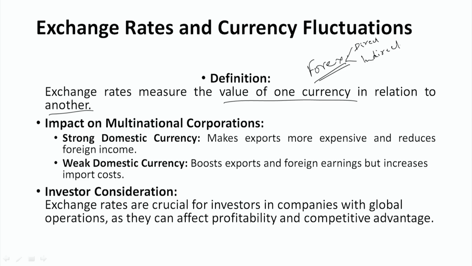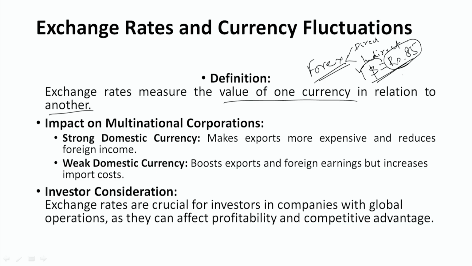Okay, I'm not going into details of it. In one way or the other, it says that $1 is equal to 85 rupees. So this is what you mean by an exchange rate: the value of one currency in relation to another currency. Okay, so that's what you mean by exchange rate.